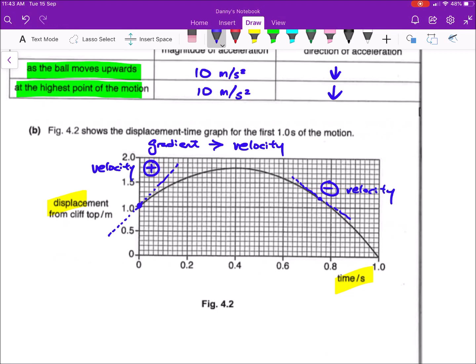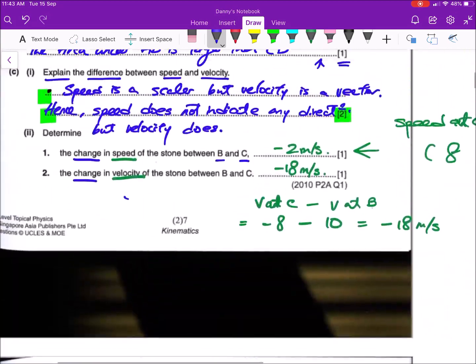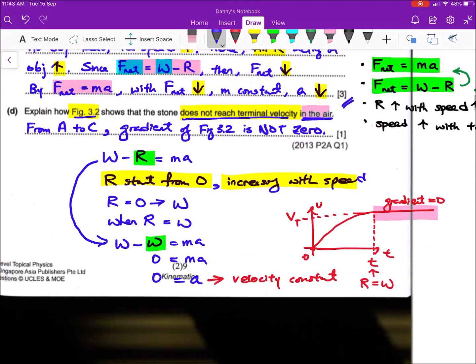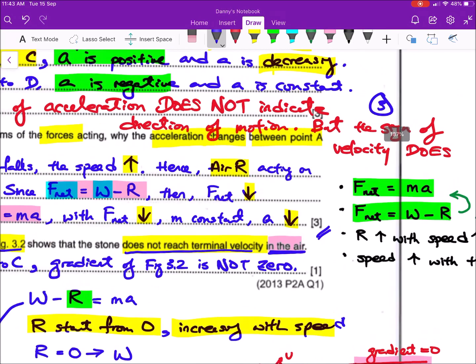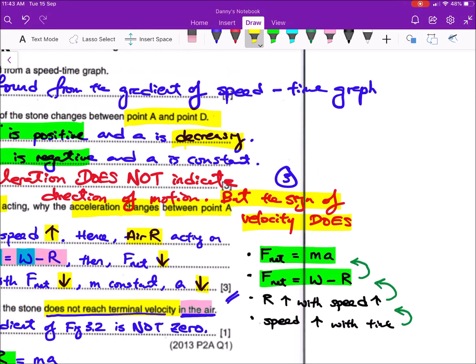And what do we say about the sign of velocity? Can you recall? We say that the sign of your velocity actually does tell you the direction of motion.